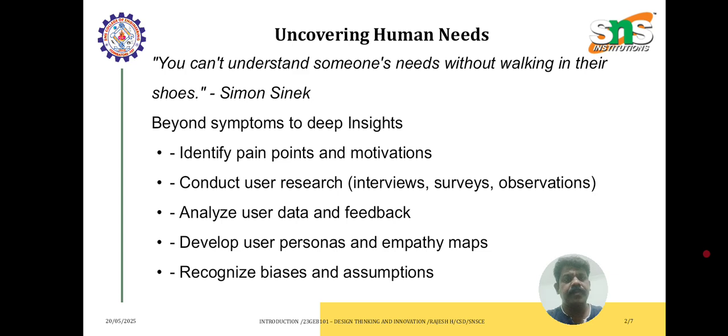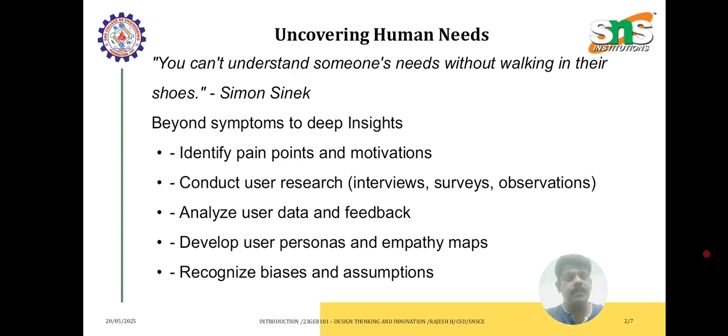and understood. So beyond the symptoms to deep insights of the customer problem or the human needs, the first thing we need to do is identify the pain points and motivation behind that. Here the pain points means the problem is conceived by knowing the pain points of customers or users, and the motivation is the idea of how we can proceed with the solution for the identified pain points.